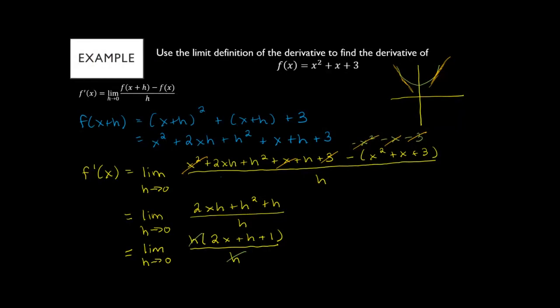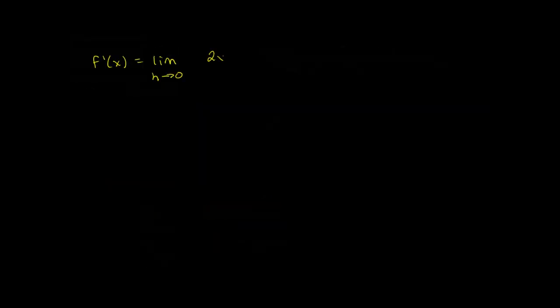So we have f prime of x equals the limit as h goes to 0 of 2x plus h plus 1, because the other stuff canceled. So now the limit as h goes to 0, well, this h will go to 0.